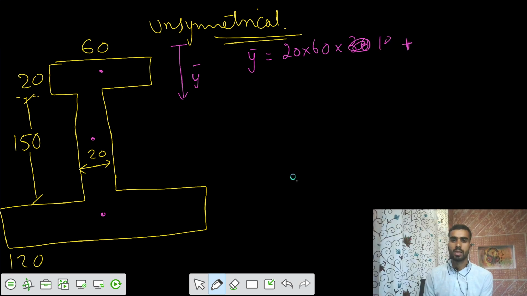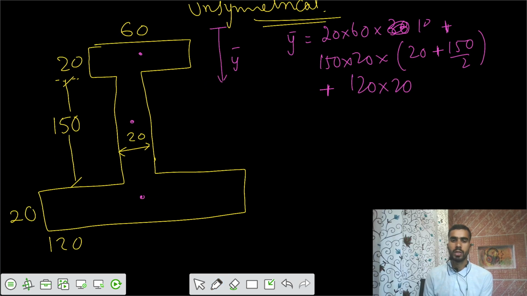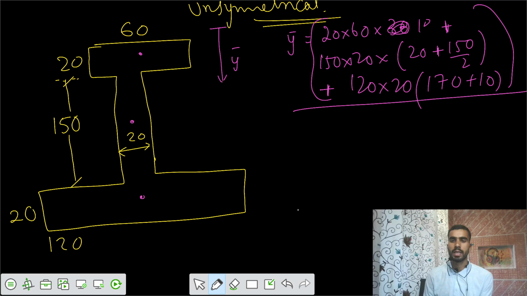Then plus for the next part, second area is 150 into 20, and the centroid is acting at 20 plus 150 by 2, that is 95. And for the third area, we have 120 into 20, and centroid is acting at 170 plus 10. So you divide the overall value with the total area that we have.